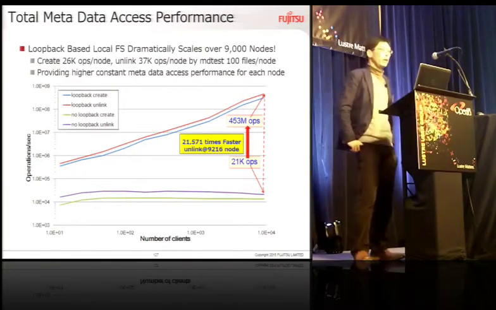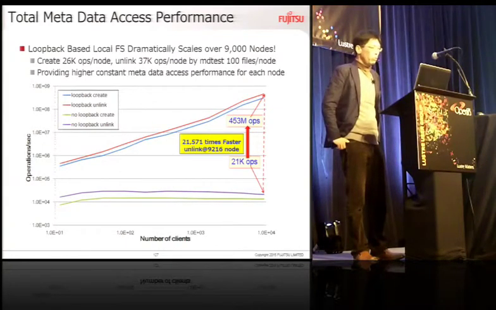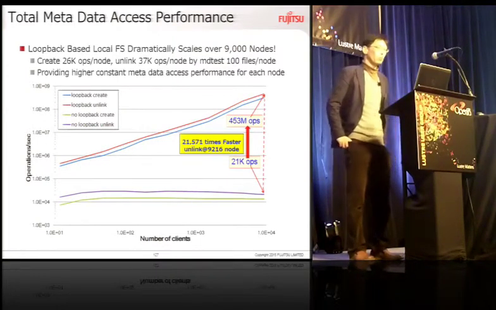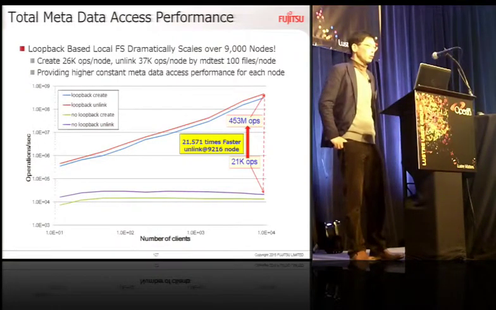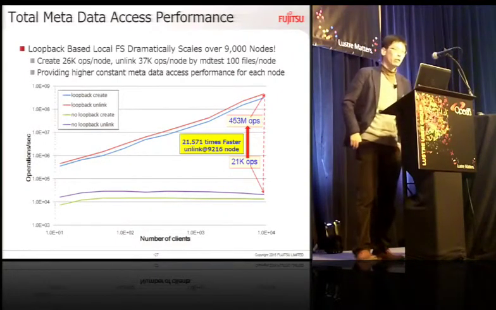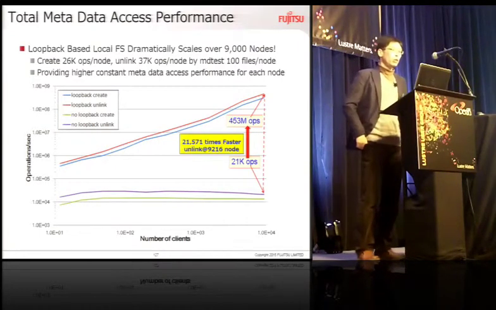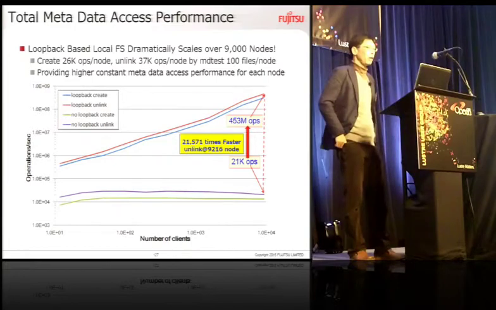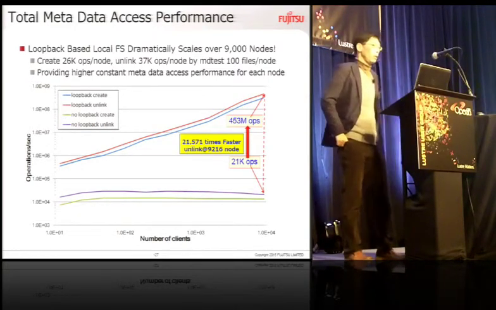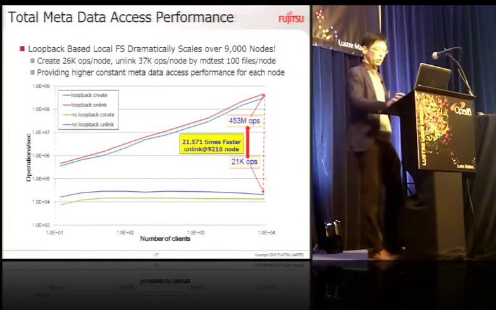For example, for 9,000 nodes, 453 million operations per second. So it is completely scalable over 9,000 nodes. The average is 26 kilo create operations per second per node, and the unlink performance is 37 kilo operations per second per node, providing higher, constant metadata access performance for each node.